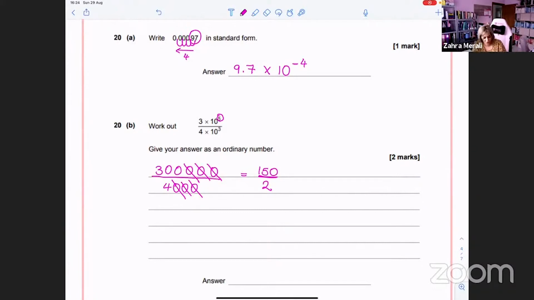So if you think about it, 150 is made up of 100 and of 50. Half of 100 is 50. And half of 50 is 25. I add those up and I get 75. So as an ordinary number, my answer is 75.